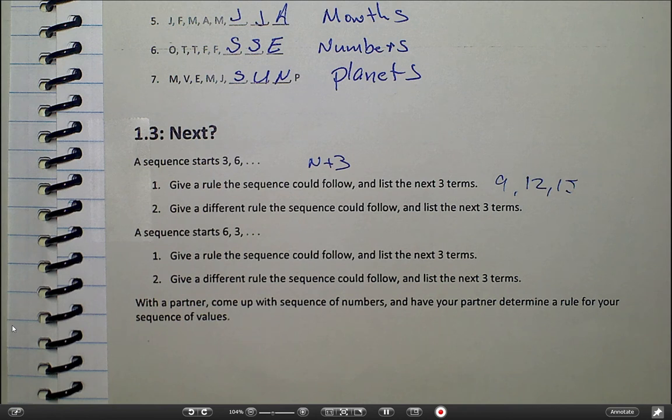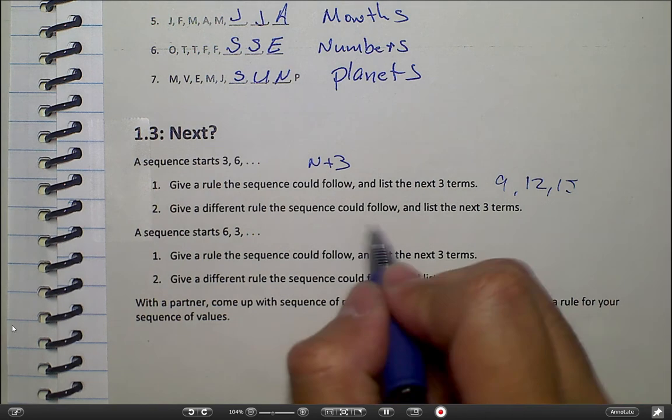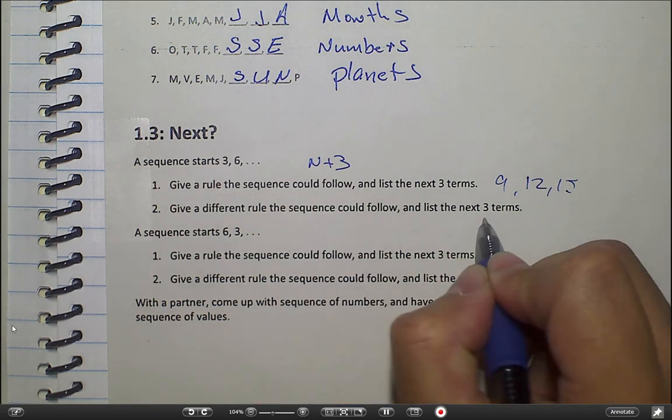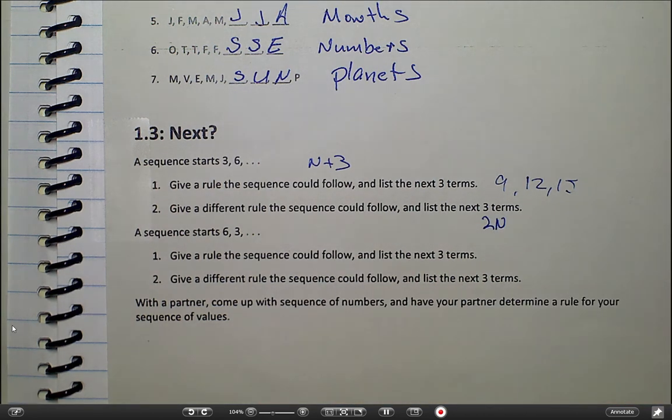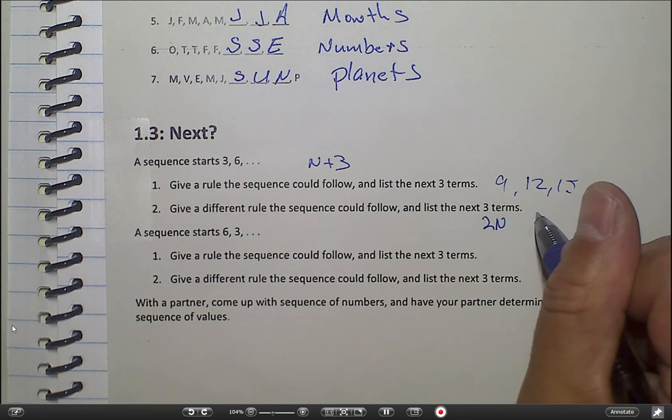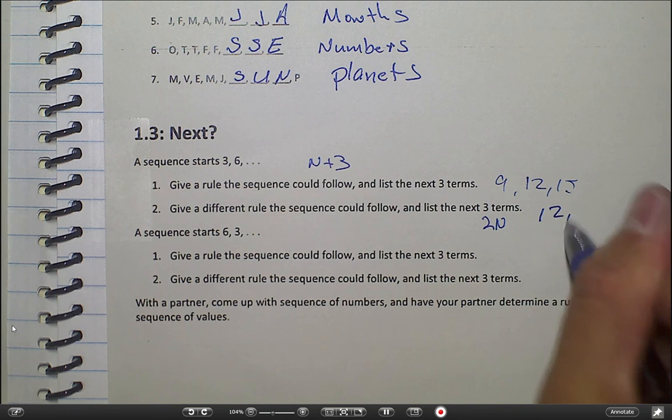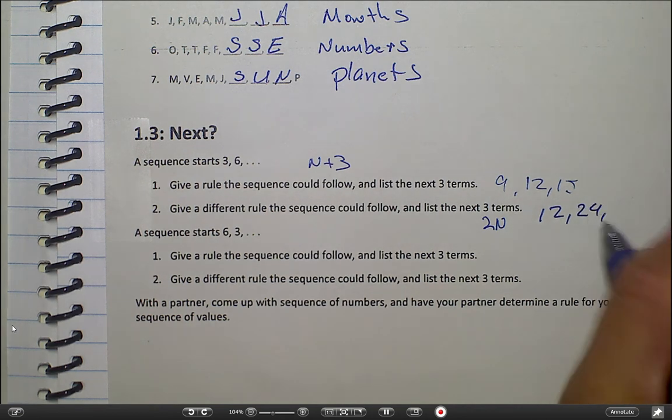Number 2. Can someone else give me a different pattern they come up with? Go ahead. You can multiply it by 2. You multiply by 2, so you could say that it would be 2n, right? So my missing terms would be 12, 24, and 48.